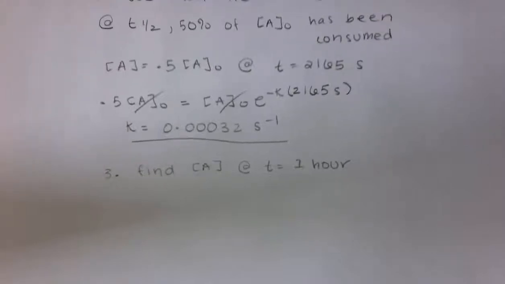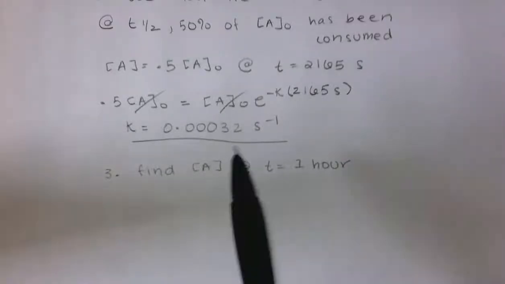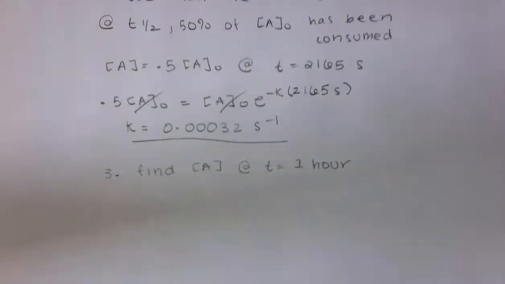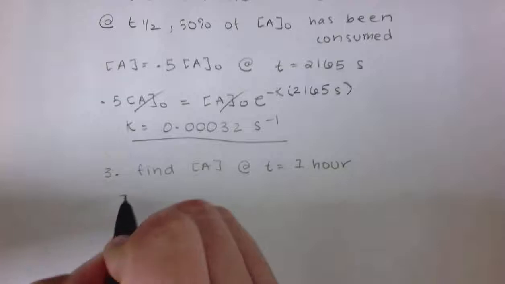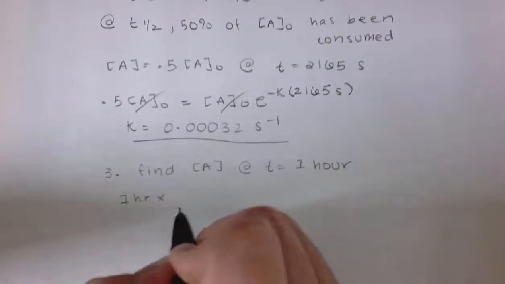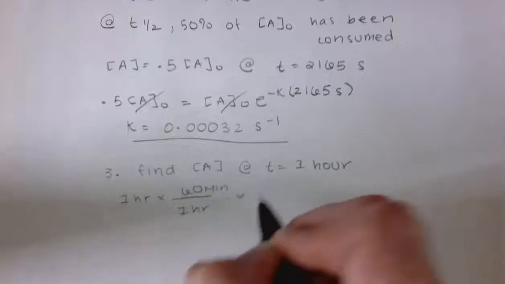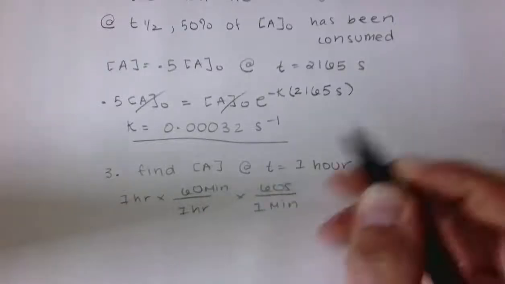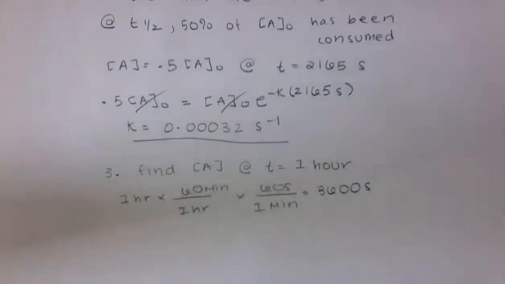So that's definitely something to keep in mind for the exam, because many students will leave time in hours when they just found K in terms of seconds, etc. So I'm going to quickly convert T to seconds. So we know that for every hour we have 60 minutes. For every minute we have 60 seconds. So 1 hour is 3,600 seconds.